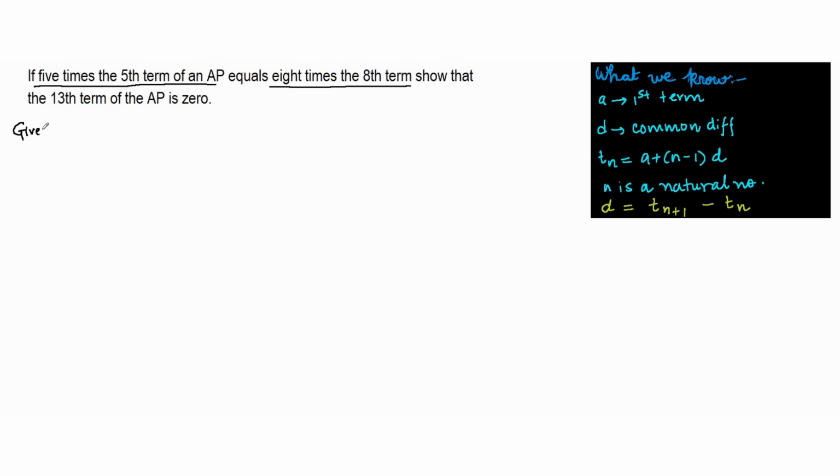It's given that 5 times the fifth term of an AP is equal to 8 times the 8th term, that is 8 times T8. We have to show that the 13th term, that is T13, is equal to 0. So I'm going to pause for a few seconds and maybe you can figure out what can be done about this question.